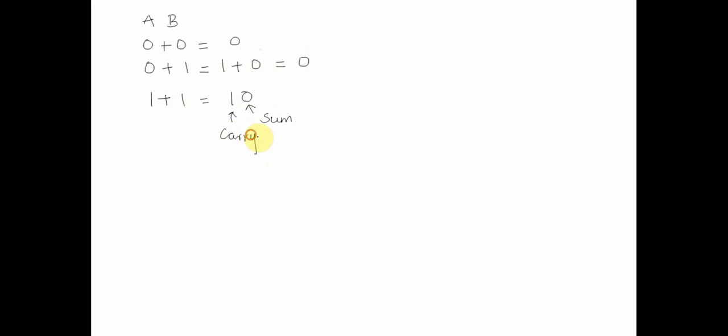Let's assume we have a 1-bit unsigned integer. Then 1 plus 1 in decimal should be equal to 2 in decimal. So if we say 1 in decimal is 1 in binary, plus 1 in binary, this is equal to 1 0 in binary.